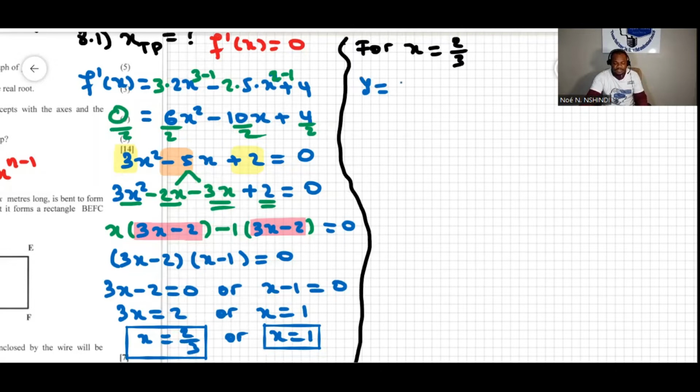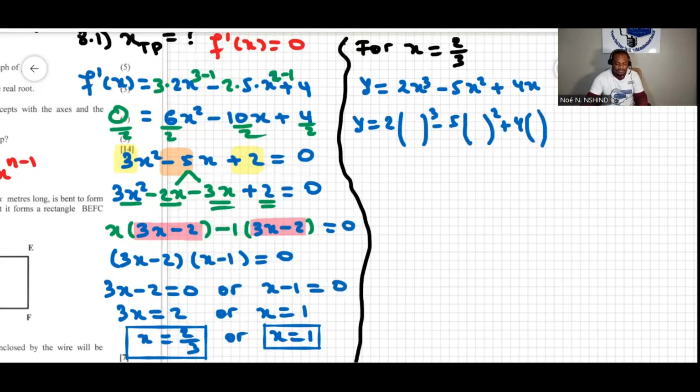The function was given by 2x cubed minus 5x squared plus 4x. Now we're going to substitute the value of x wherever we have x. So if x is 2/3, it's going to be 2 over 3 there, and 2 over 3 there, and 2 over 3 there. We can use a calculator for that.